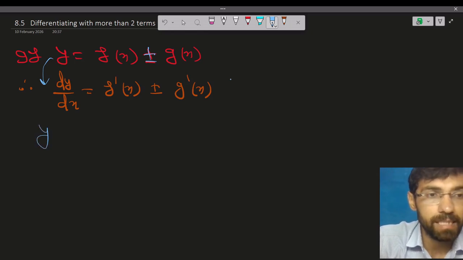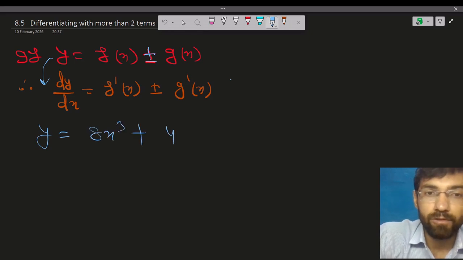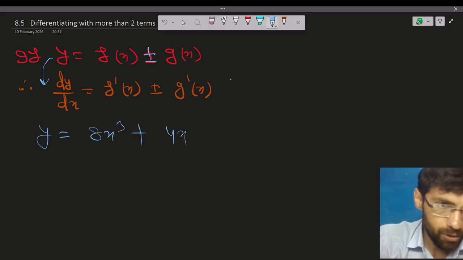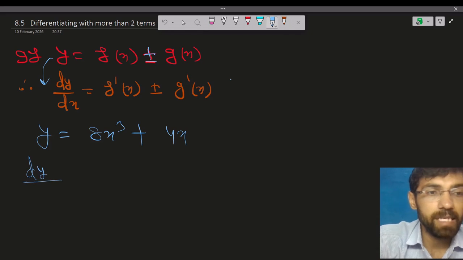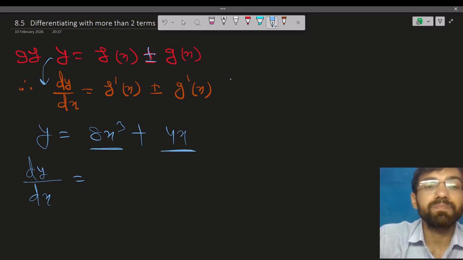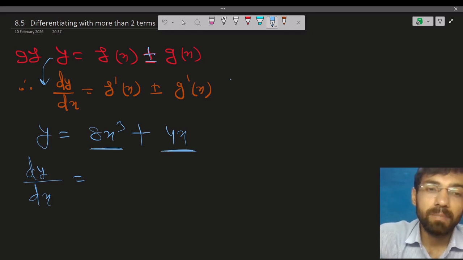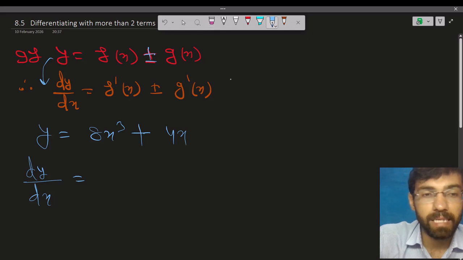Like if I give you y equals 8x cube plus 4x, can you give me dy by dx? There are two functions, this is the first function and this is the second function. Since you have plus or minus, you can differentiate it separately.